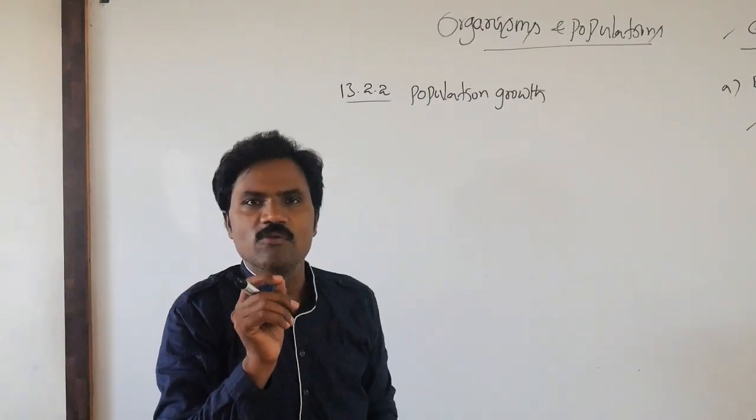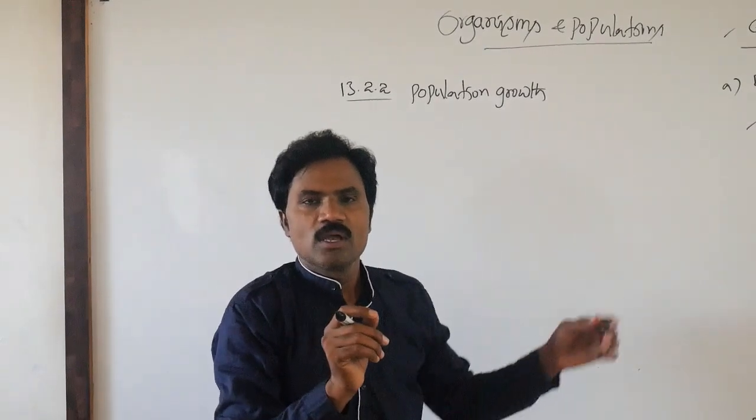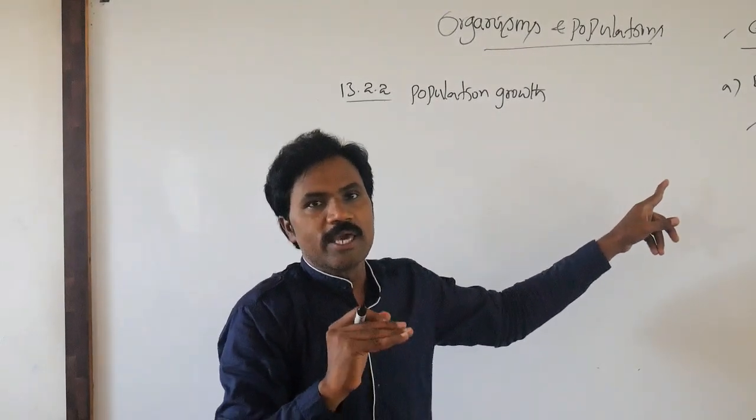What is the equation representing J-shaped or exponential growth?